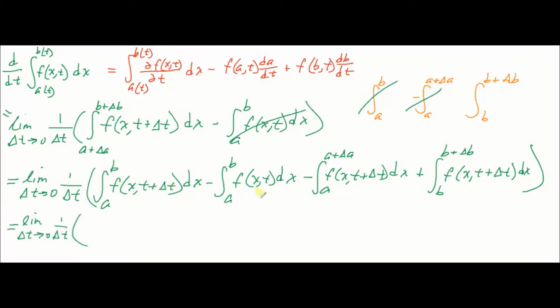So these two they can be expressed as one integral from a to b using linearity of integrals. And so we're just going to have this minus this. And this, of course, should have brackets around it.